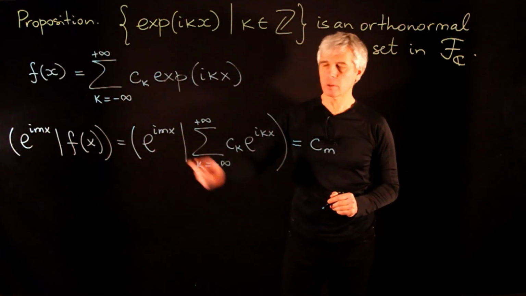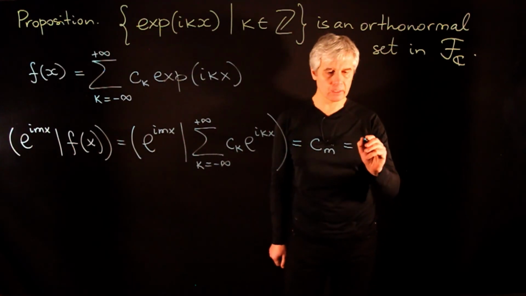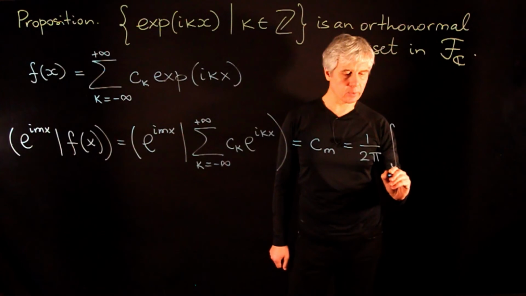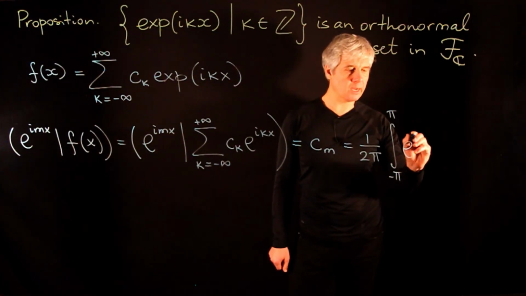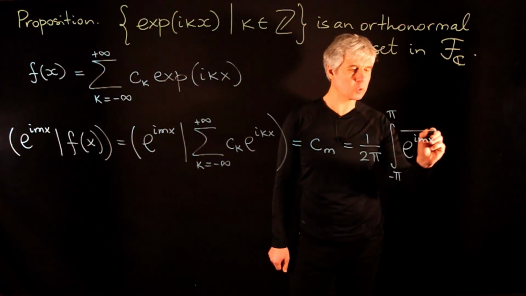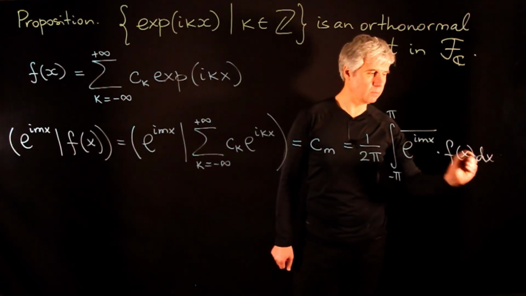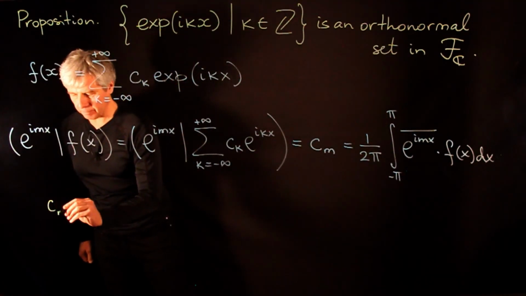And we obtain the formula for the value of the coefficients in this expansion. Recalling the definition of the Hermitian scalar product, we see that the left-hand side is 1 over 2 pi integral from minus pi to pi e to the imx complex conjugate times f of x dx. Simplifying this expression, we obtain the formula for cm.